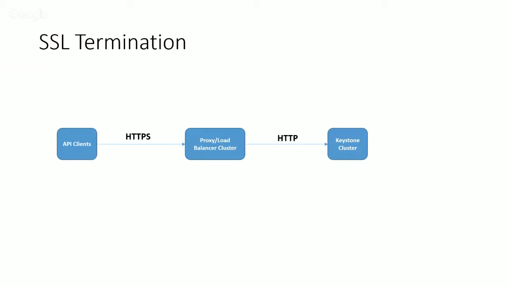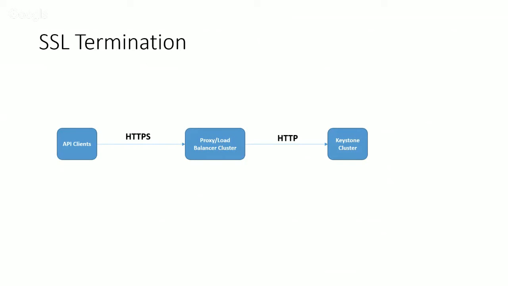Like I said before, most deployments would have SSL terminate at the proxy or load balancer cluster, and then that connection is forwarded on. The SSL would terminate at the proxy and load balancer, and then that would open up a new HTTP or HTTPS connection to the backend Keystones, because most likely the Keystone instances are running in a private network, protected by a firewall and so on.